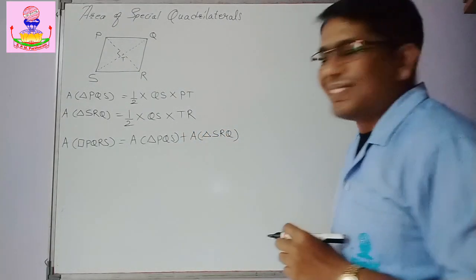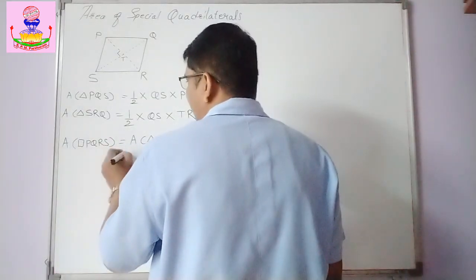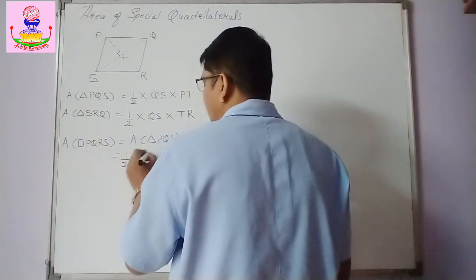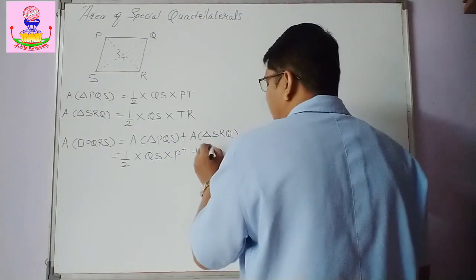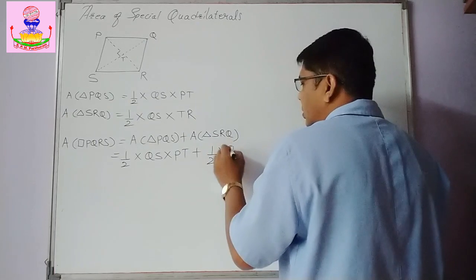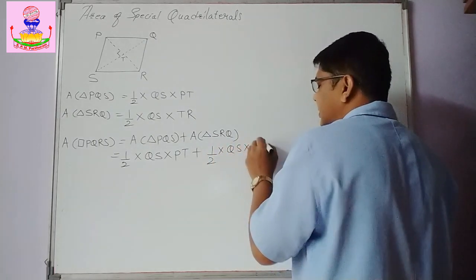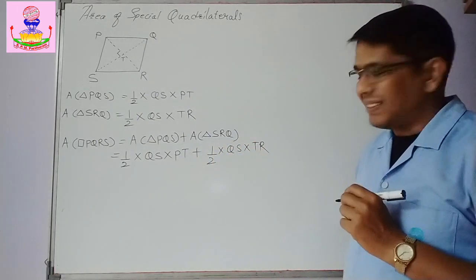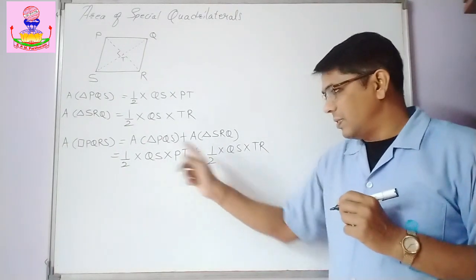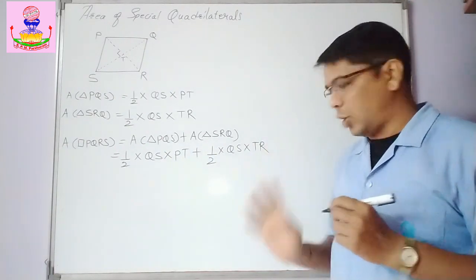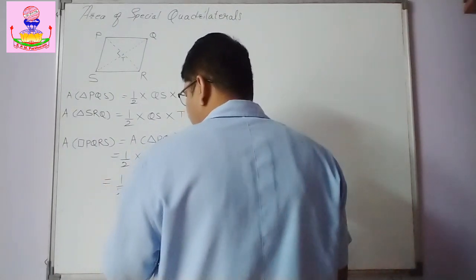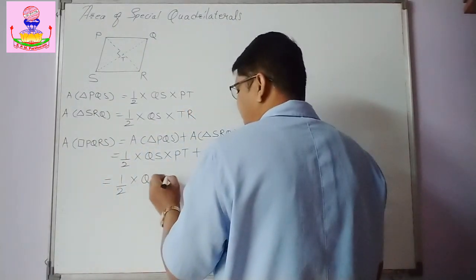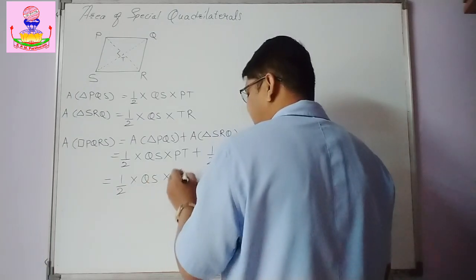Okay, so that is equivalent to half into QS into PT plus half into QS into TR. Now what is common? Half and QS, both are common. So take them out. So half into QS and in bracket, what is left?